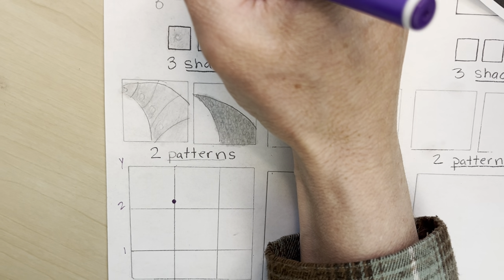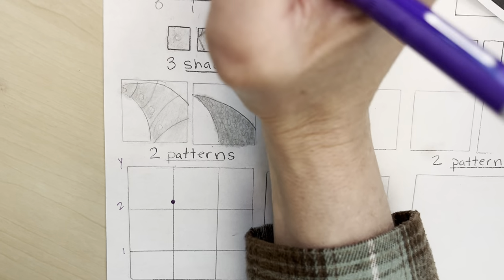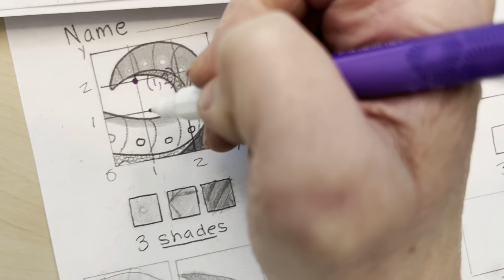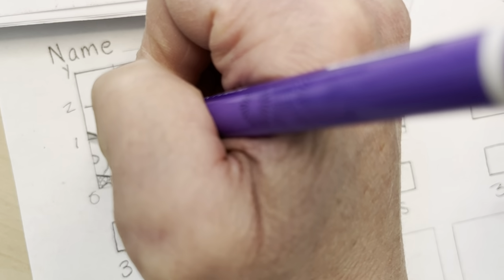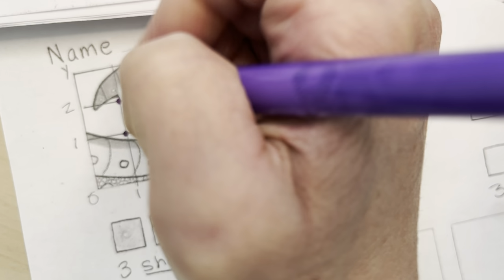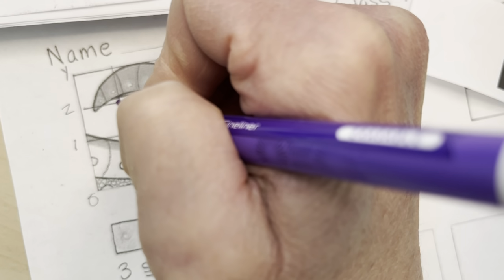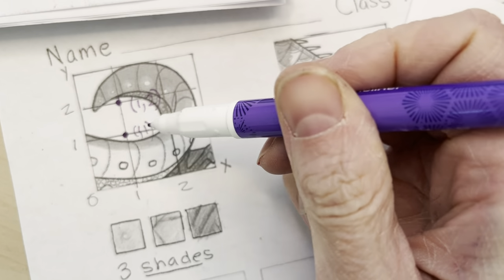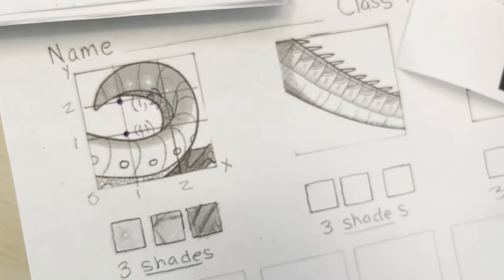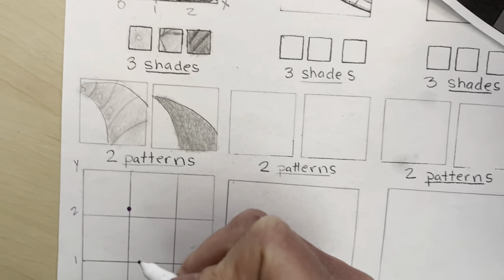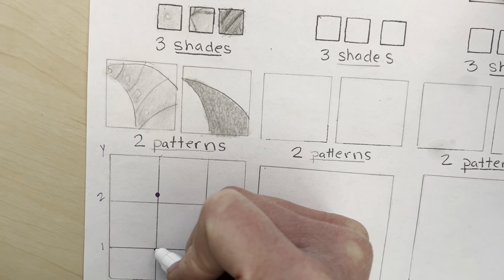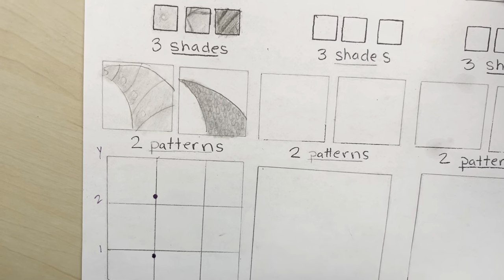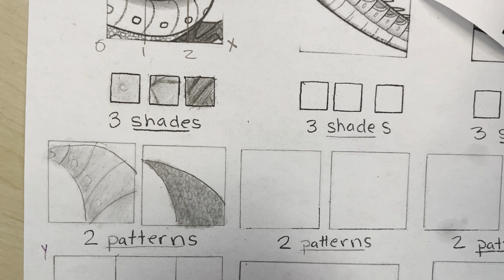Then let's try, how about this point right there? That's the point 1, 1. We know that this next line is just a little bit below the point 1, 1. So if this is 1, 1, we're gonna go just a little bit below the 1, 1.